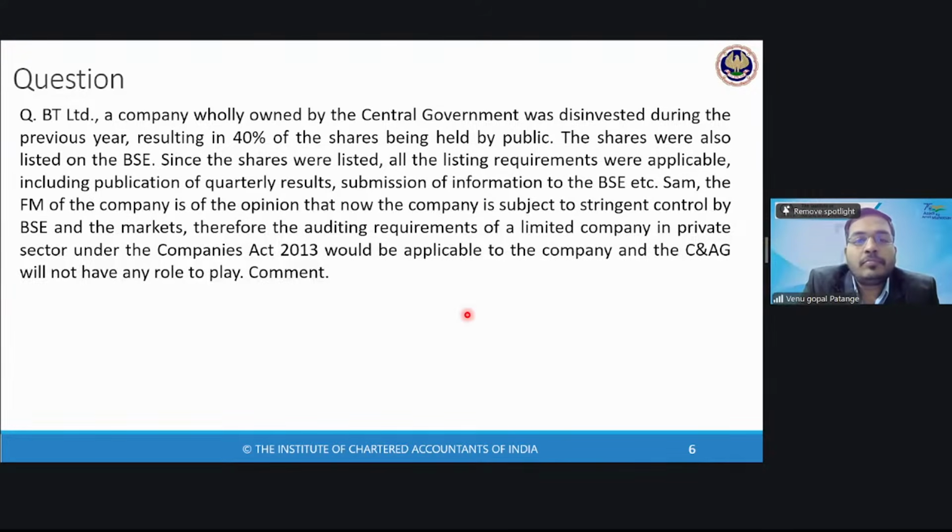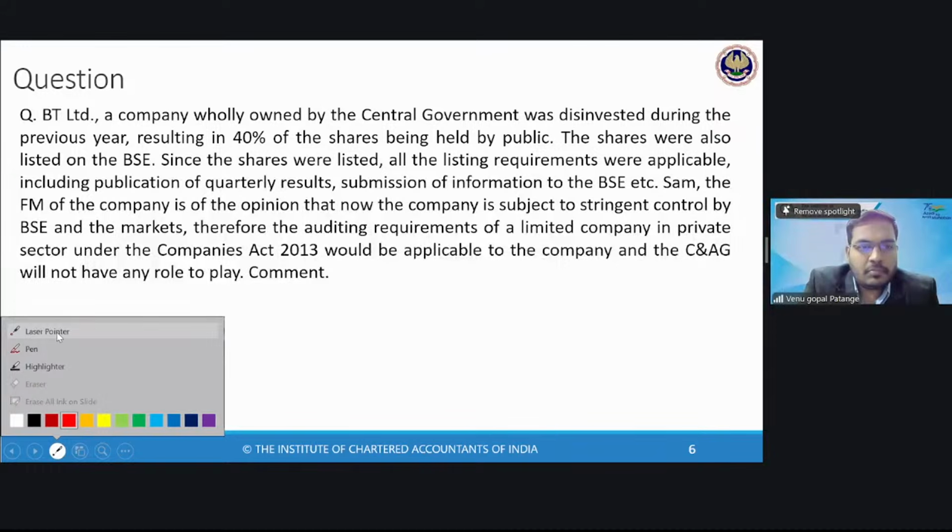The question is: BT Limited, a company wholly owned by the central government, was disinvested during the previous year, resulting in 40% of the shares being held by public. The shares were also listed on the BSE.